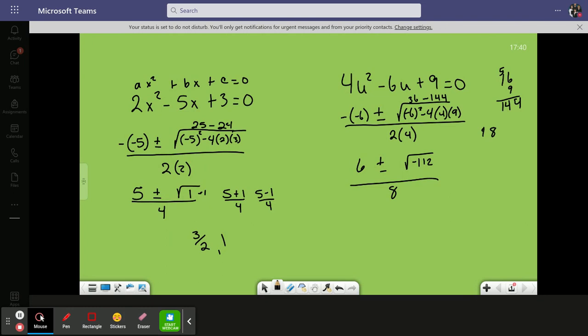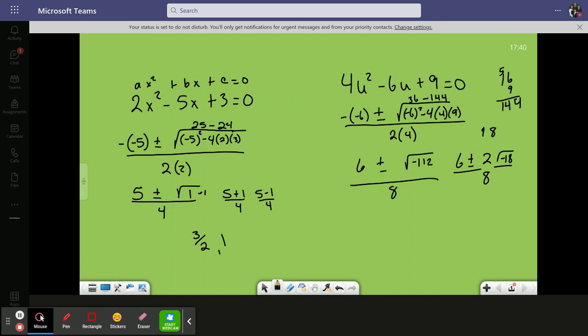So I would say 6 plus or minus the square root of 4 times the square root of negative 18, over 8. What's the square root of 4 going to be? That's a 2, right? So I'm going to take this and divide it all by 2.